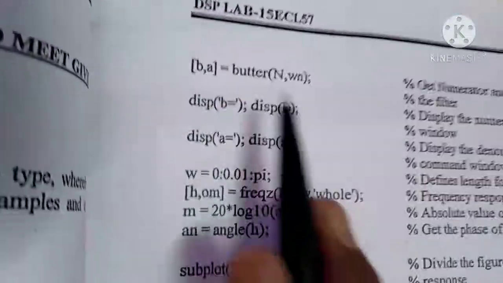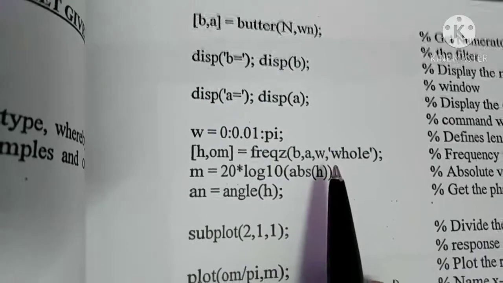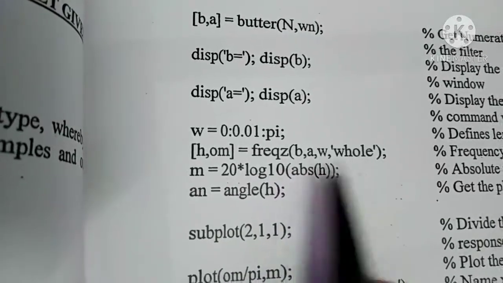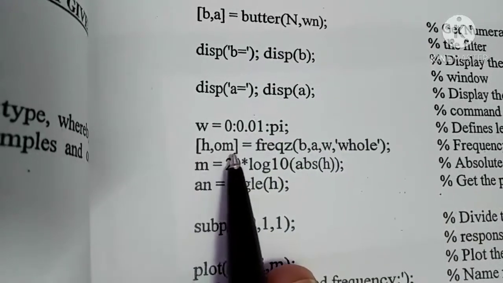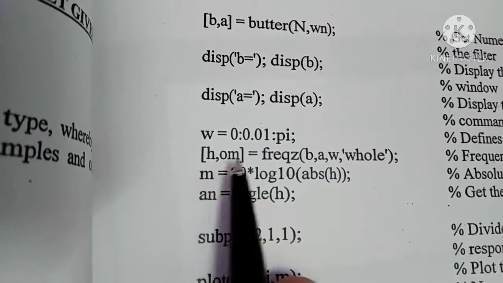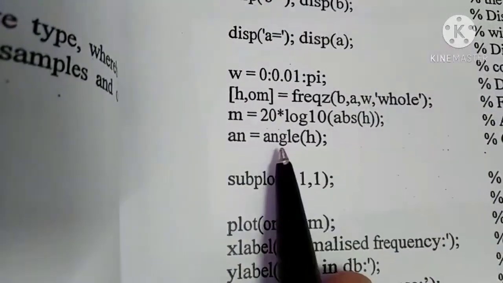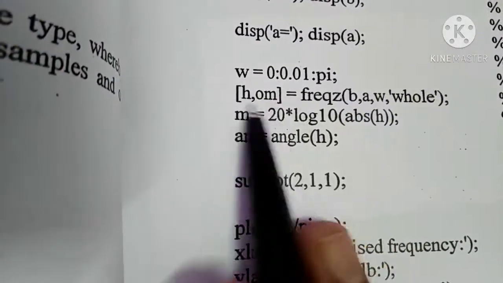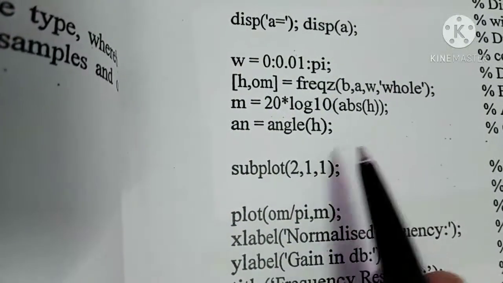These a and b coefficients we find here, and when you give them to the freqz function, it will calculate and plot H against omega for different values of omega. H indicates the magnitude graph, omega indicates the frequency. This can be plotted separately, and if I just give freqz without output arguments, it will automatically plot the graph.